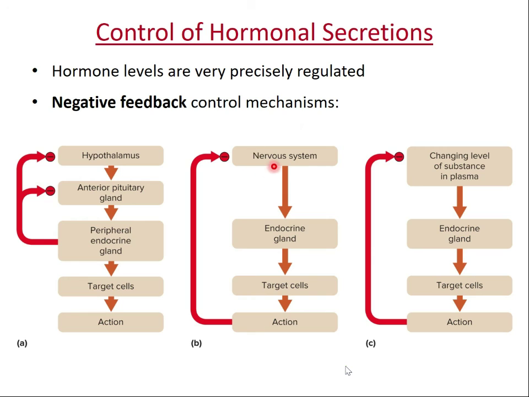Similarly, even in the nervous system, when an action happens, the action then comes back and gives a stop signal saying, we don't need that anymore. And again, it also could be that in the endocrine system, where you produce a certain item, the final product, when it comes to critical mass, can come back and be a negative feedback mechanism. Once we talk about specific organs, we will revisit this and look at how it functions for each of the different glands.